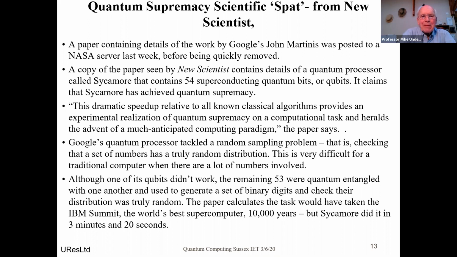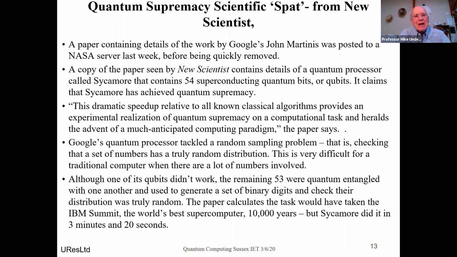The original paper giving details was originally posted on a NASA server, which was then hacked, if you like, or was found to be open before being quickly removed. And it turned out that the chap who put it up was one of the reviewers.